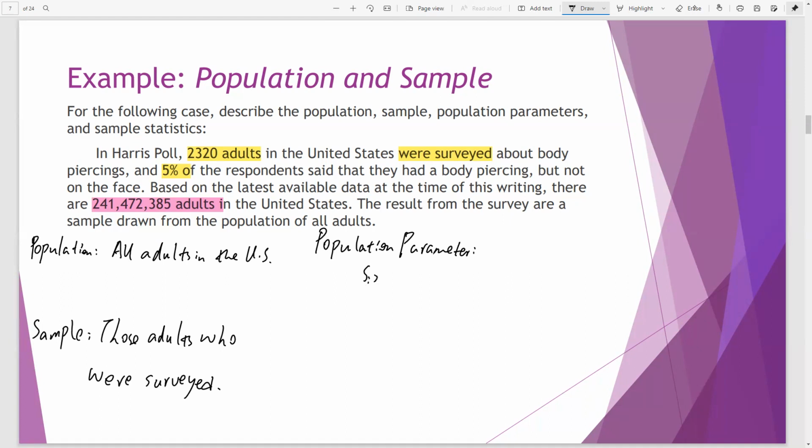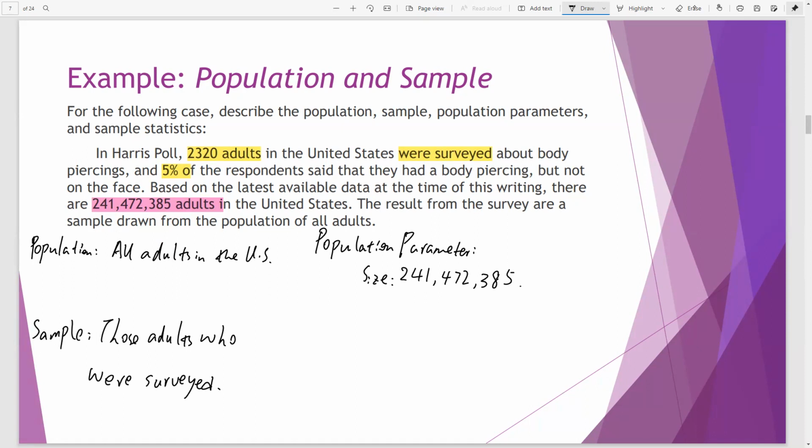First of all, we have the size, which is 2,241,472,385. This is the size of the population.